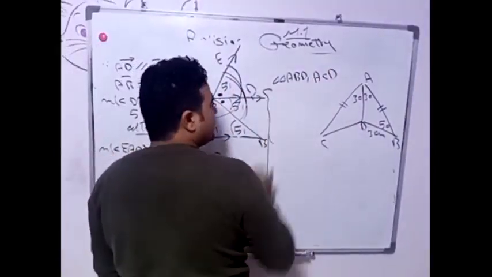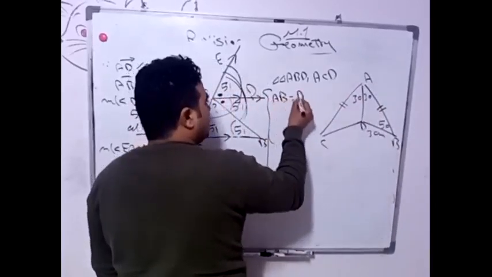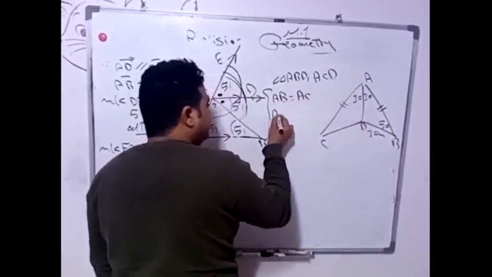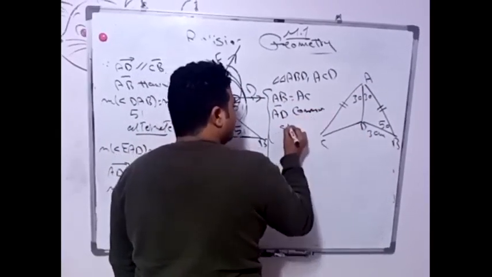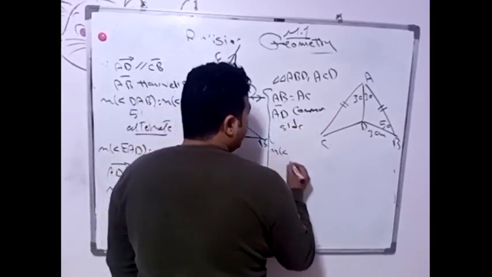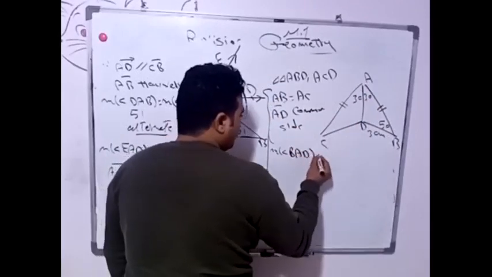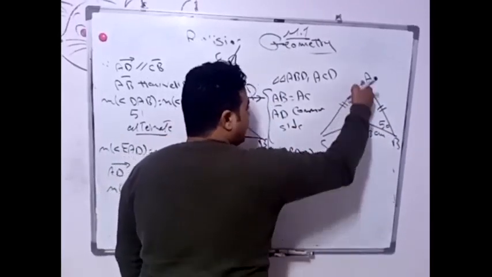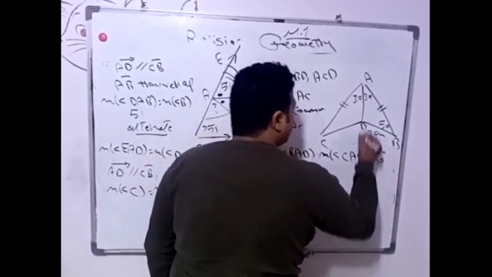AB equal AC, and AD common side, and we have measure angle BAD equal measure angle CAD equal 30 degrees.